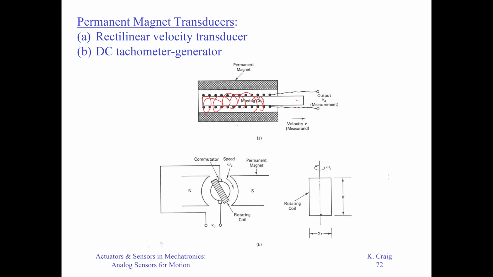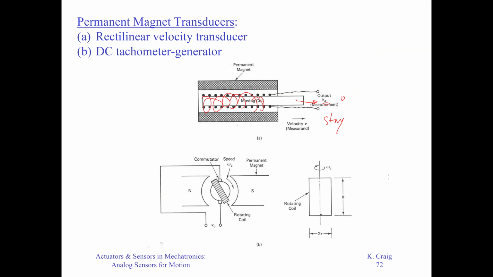If the rod moves, then I'm going to produce an output signal. That depends on how fast you move. If you stay stationary, then this is zero. If you move fast, you have a bigger induced voltage.